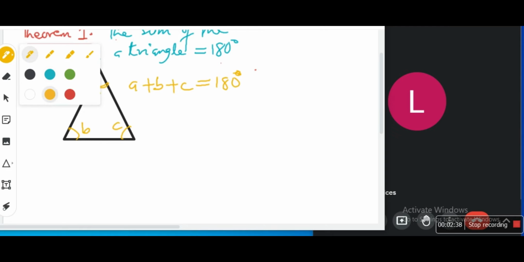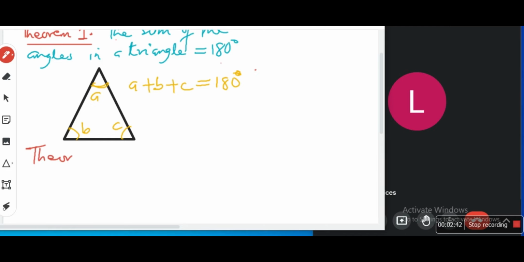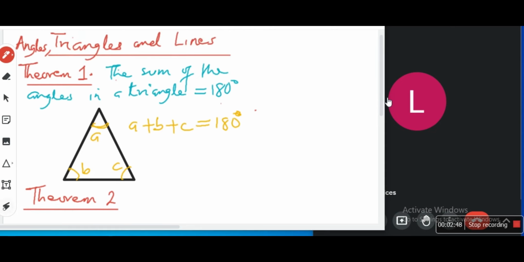Let's look at another theorem. Theorem 2. By the way, what it means is the angles add up to 180 degrees. If we have A, for instance, and B, and then we need to look for C, we can just add up A and B and subtract the answer of the two from 180, because A plus B plus C must give you 180.